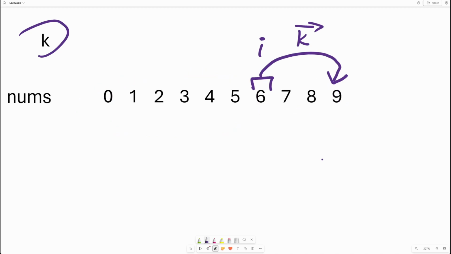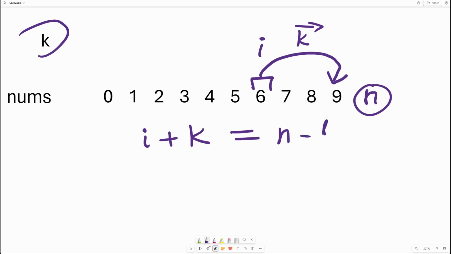So it's not as simple as it initially may sound, but it's not that hard either. So basically, when we take i and we add this number k, however large or small it is, we should in some sense end up at the last element. Let's say n is the number of elements in the array. So n is the length. So i plus k should be n minus 1. That would be the index of the last element, right?